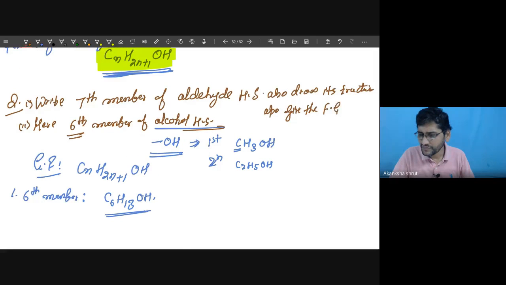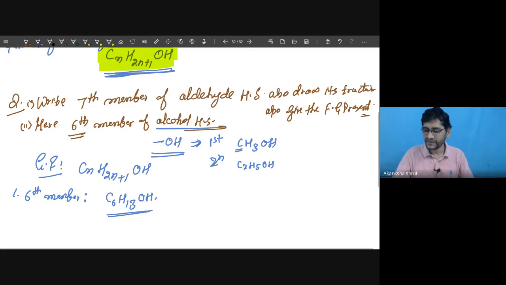So here we have observed that the functional group has to be maintained. Only their carbon chain we have to increase.